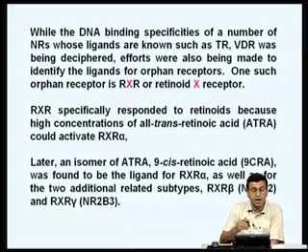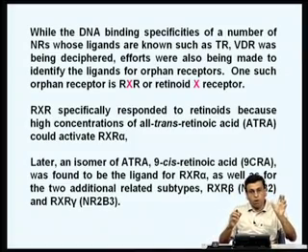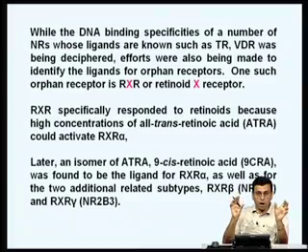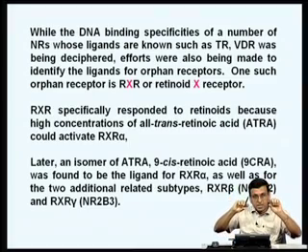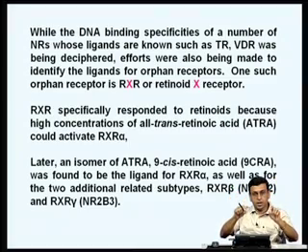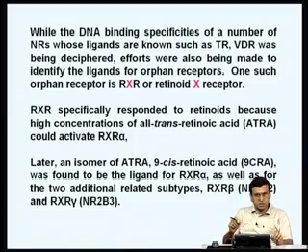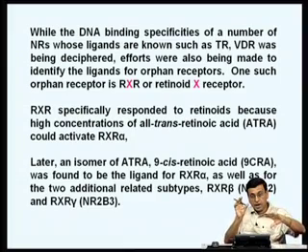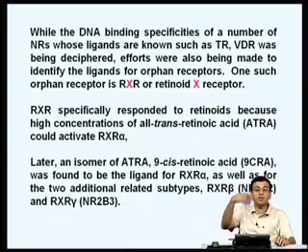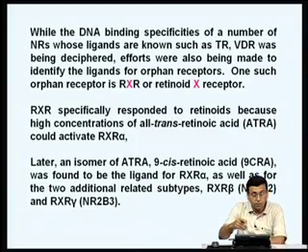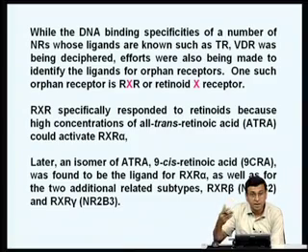When you take the cDNA coding for RXR or cDNA coding for RAR and replace the DNA binding domains with that of glucocorticoid receptor, and now if you add all trans retinoic acid, even at very low concentrations, even at nanomolar concentration, the ligand binding domain of retinoic acid receptor is able to activate transcription. Whereas in the case of retinoid X receptor, it required very high concentrations of all trans retinoic acid, in fact maybe even micromolar concentrations.